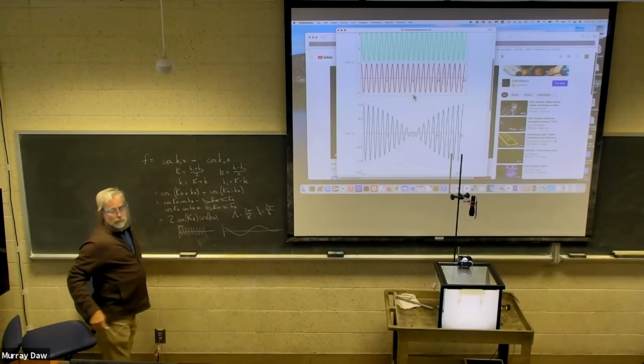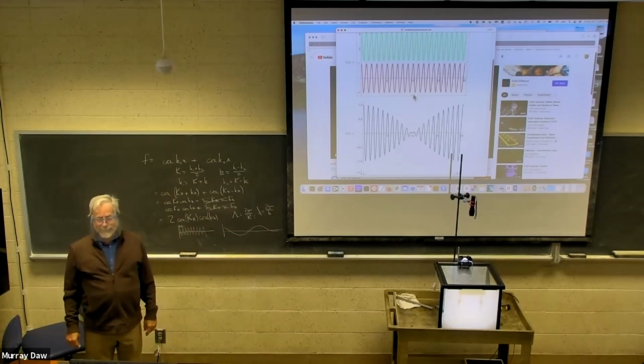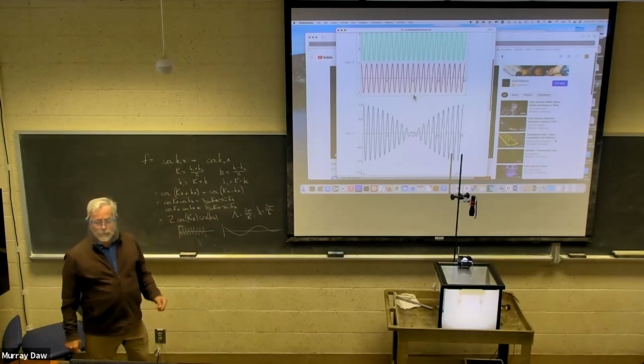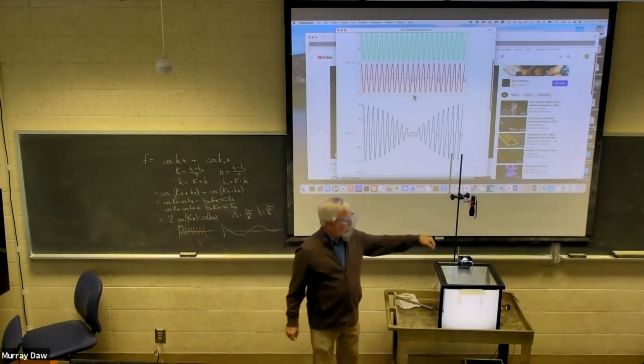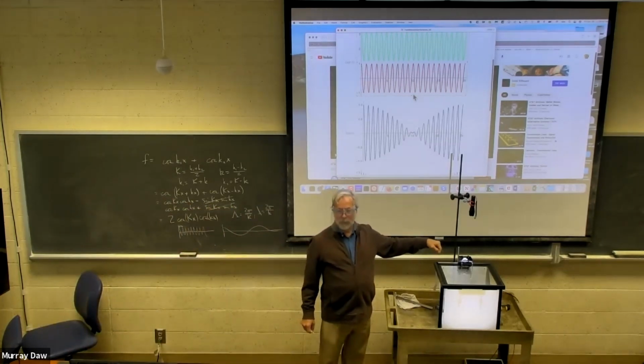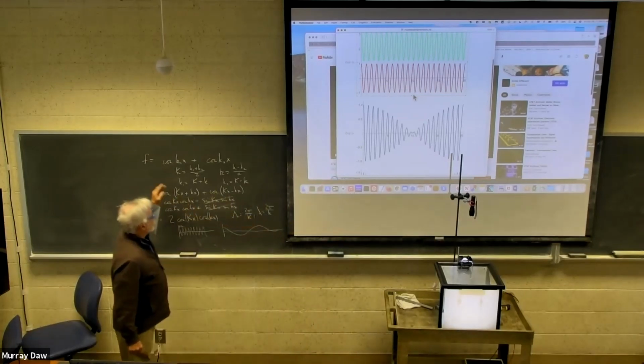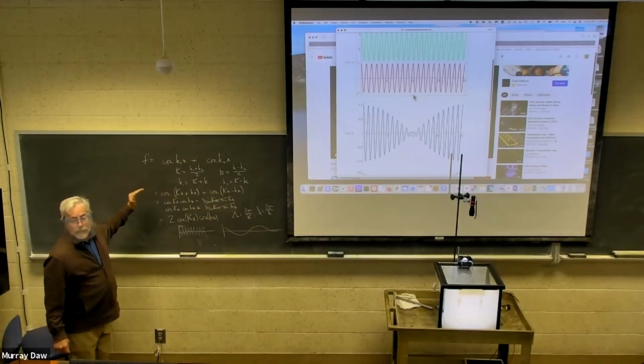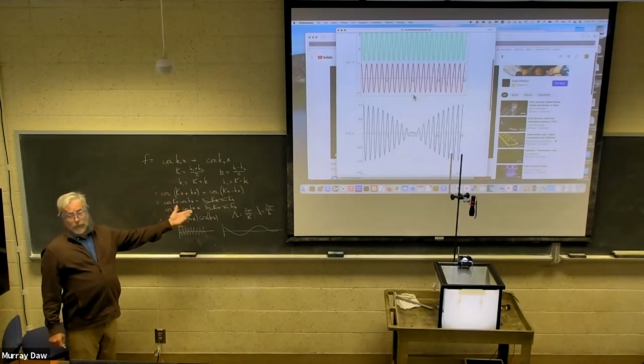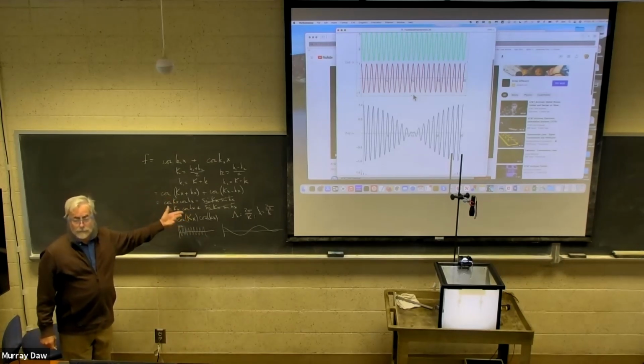Now this is descriptive, not explanatory. The explanation requires us to understand how the parts move in the water. See what I mean? This is purely descriptive. And I can use this to describe lots of waves in different media.